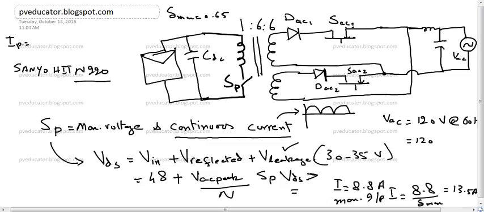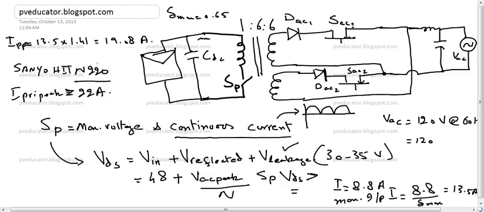So therefore IP peak, that is the primary current peak, should be equal to 13.5 multiply 1.41, that is equal to 19.08 ampere. And including the ripple in the current that will appear here, the I primary peak should be greater than, it is somewhere equal to 22 ampere.